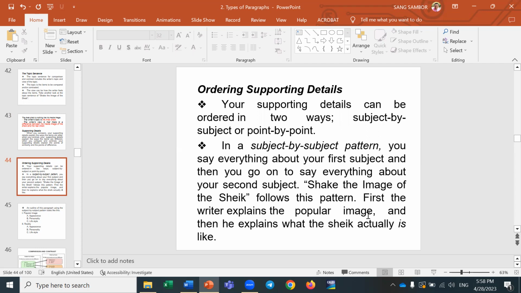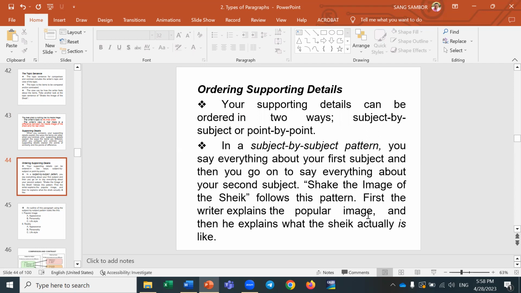As I mentioned already, supporting details are sometimes the similarities of the two items, sometimes the differences of the two items, and sometimes both the similarities and the differences of the two items.